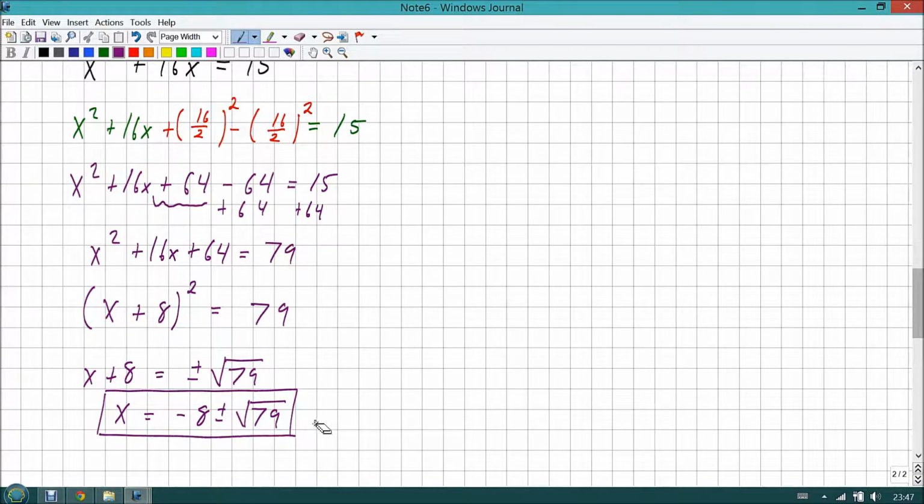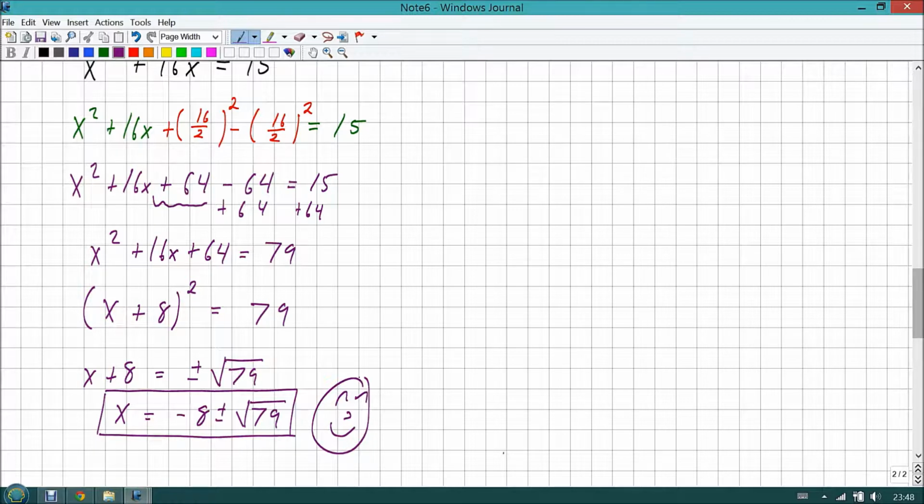Now you'll note that I'm just stopping here. I'm not going on to the next portion, which would be to figure out what the square root of 79 is in decimal form. And that's because, to be honest, I like this form way better. This form makes me smile and be happy because it lets me have an exact answer.